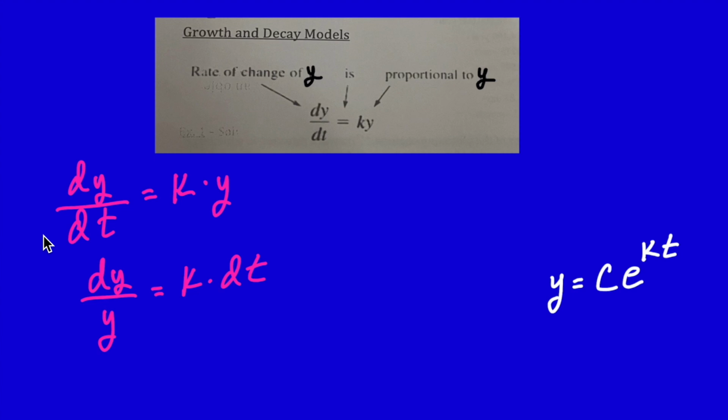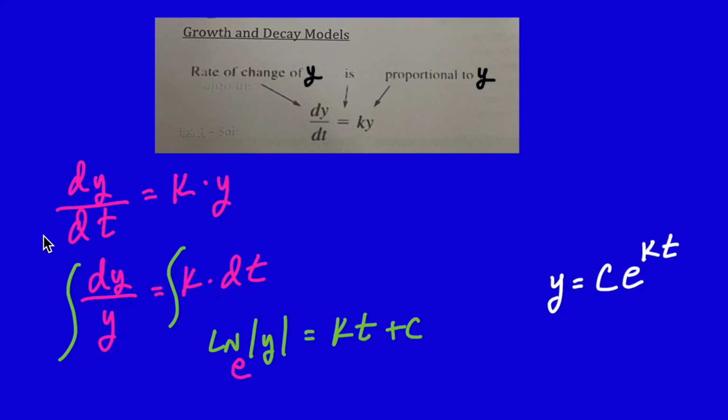Okay, so now we're going to integrate both sides. On the left, we're going to end up with the ln of the absolute value of y, and on the right, we're going to have kt plus a constant. We're going to do what I call whirly-bird, which is there's an understood base e here with that natural log. I'm going to take e to that equals the argument.